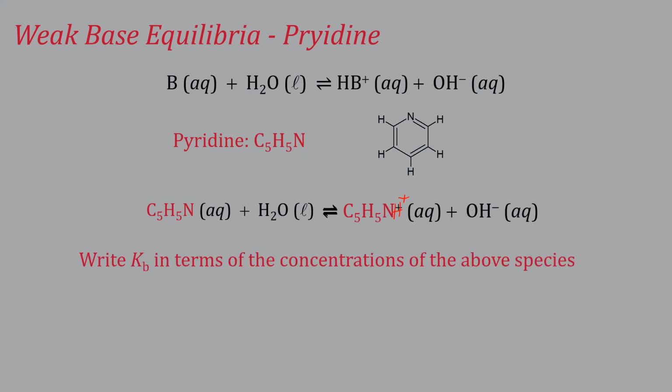So let's write the Kb for this process in terms of the concentration of both species. So again, just like the acid dissociation constant, the equilibrium constant for this type of reaction is, they're called Kb's, and it's just going to be Kb equals C5H5NH plus, this will be called the pyridinium ion, times the hydroxide concentration, and then divided by the pyridine concentration, C5H5N.